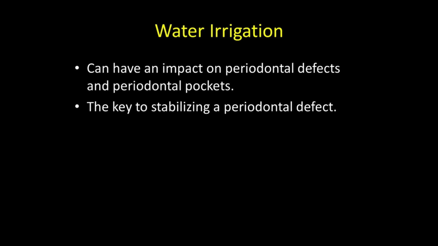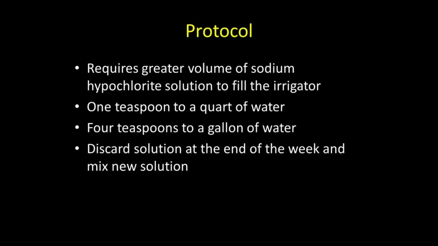Now, with water irrigation, this can impact both a periodontal defect and a periodontal pocket. The key is to stabilize the periodontal defect and maintain it in reasonable health using the water irrigator. The protocol for this requires a greater volume of sodium hypochlorite solution to fill the reservoir. So 1 teaspoon to a quart of water would be a minimum.